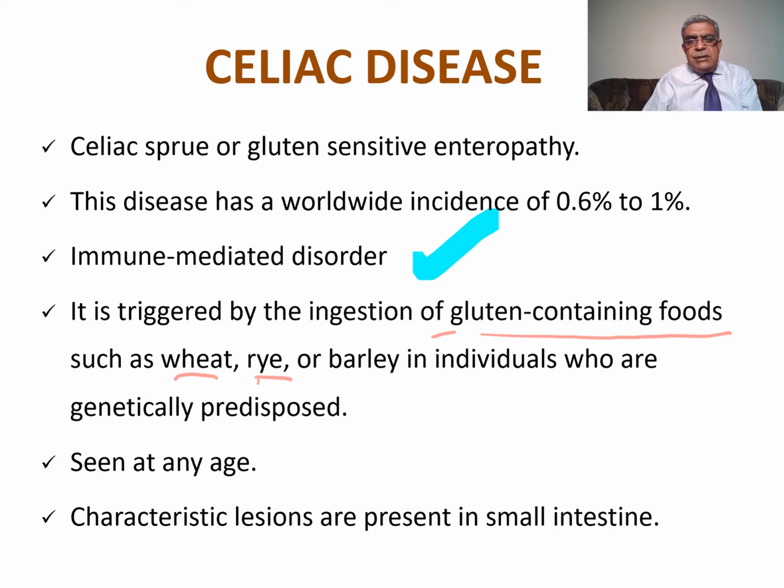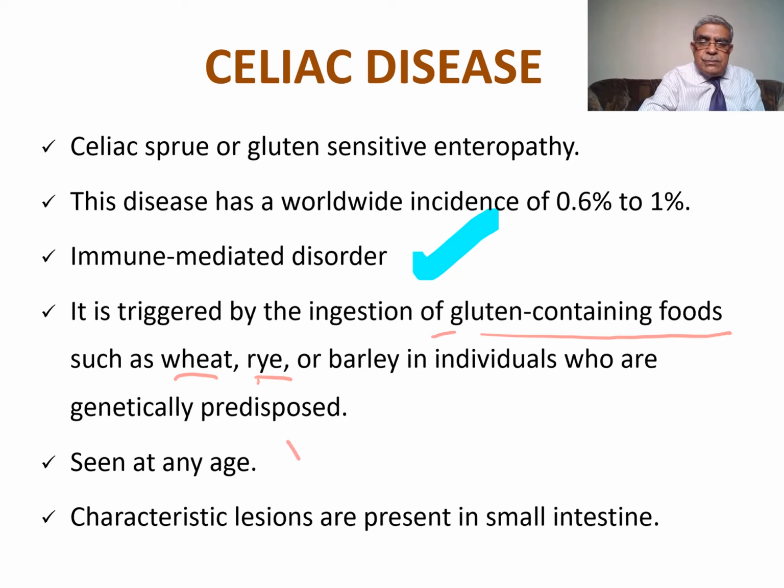Now, its incidence is rising in many countries where it was uncommon previously because of the change in the habits of intake of food. Genetic factors are important also because familial clustering has been reported.